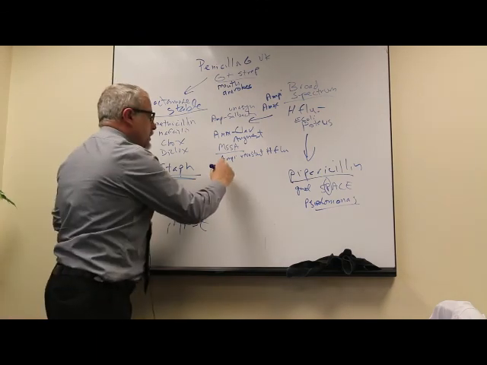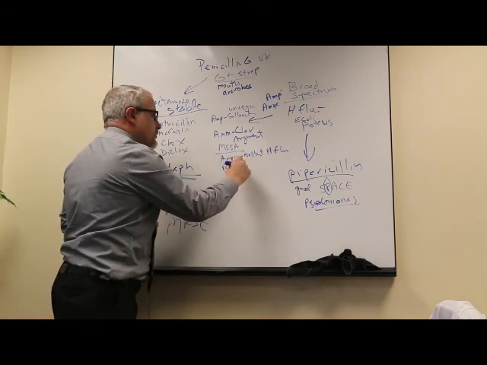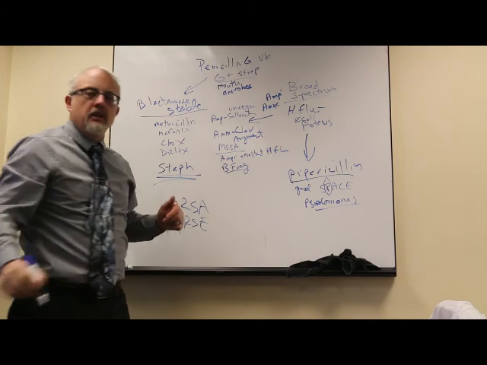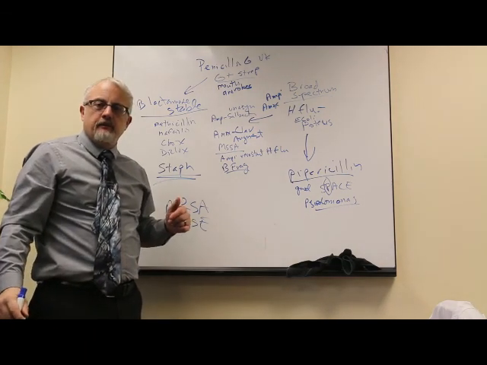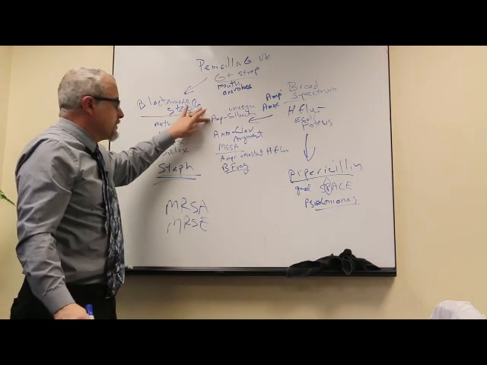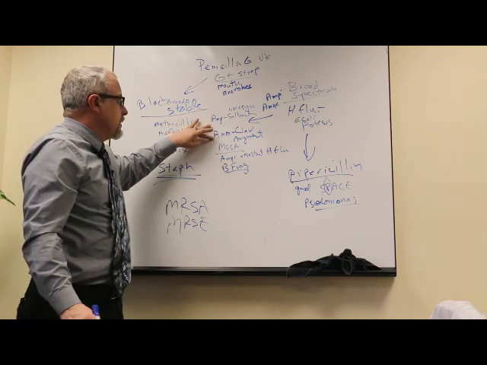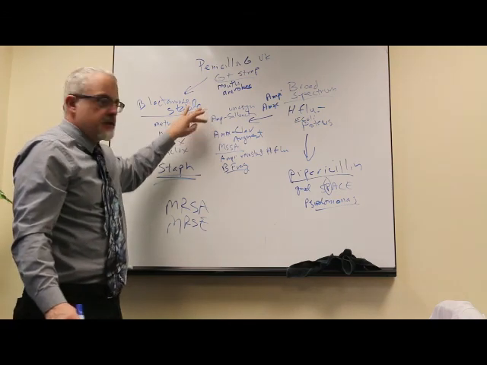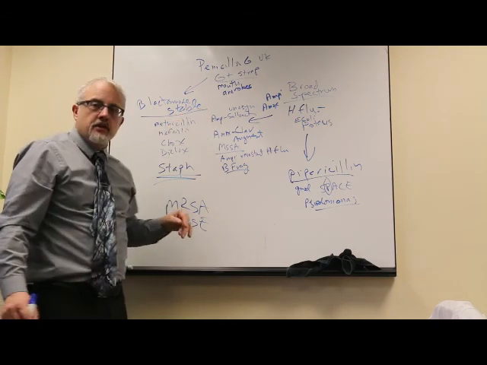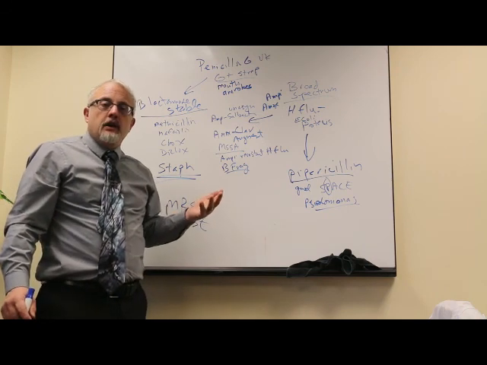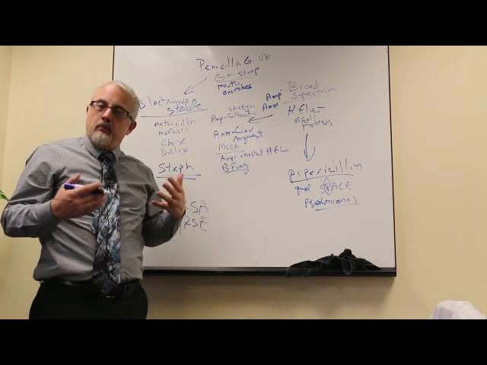You also get B-frag, and these drugs actually become pretty good broad-spectrum anaerobic drugs. Augmentin and Unasyn, amoxicillin clavulanate, and ampicillin sulbactam.